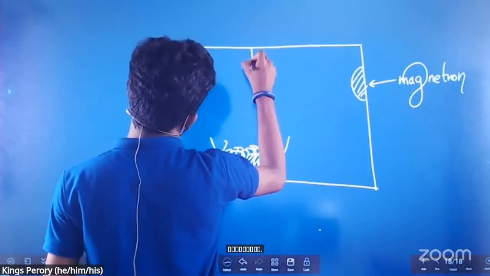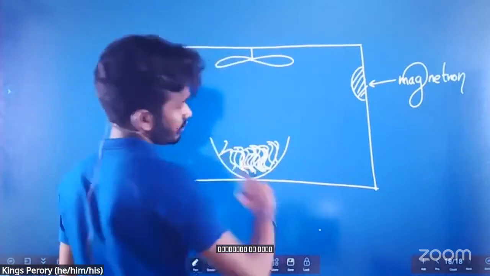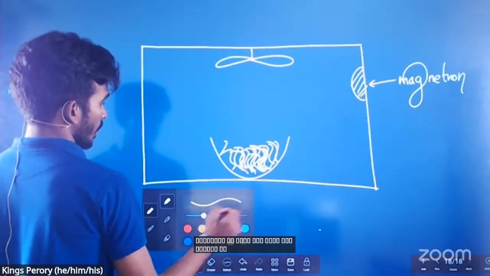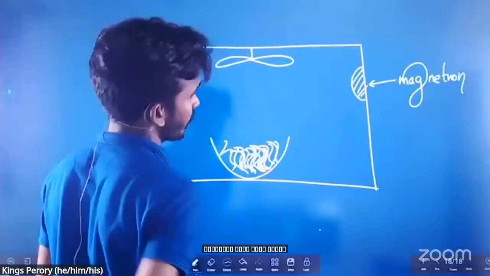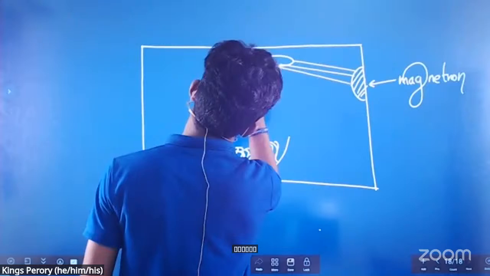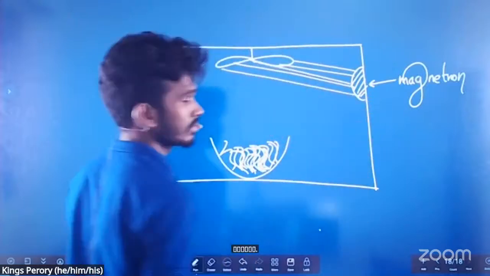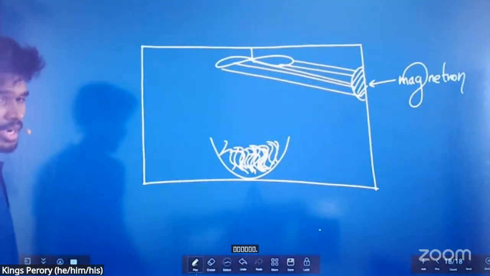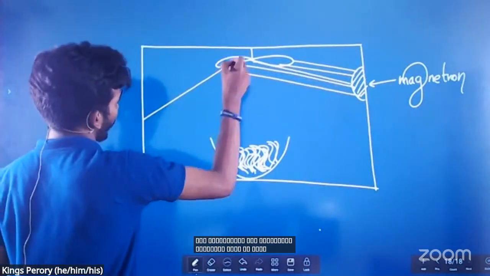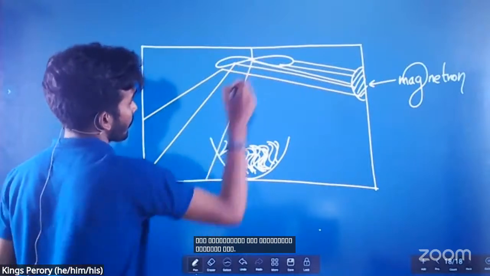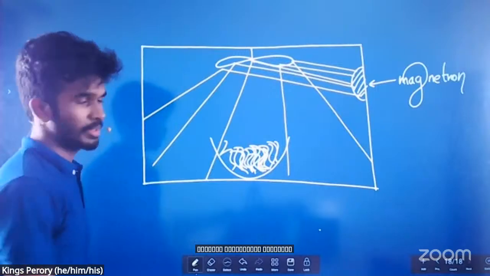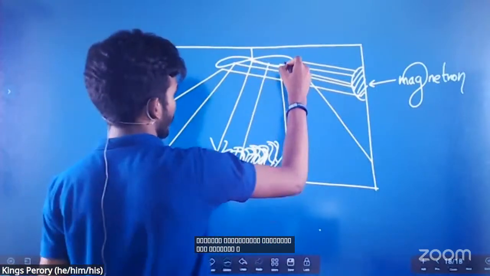Somewhere here, you have a fan. Now, this is what is going to happen. Magnetron will emit microwave. That microwave is spread around by the fan.